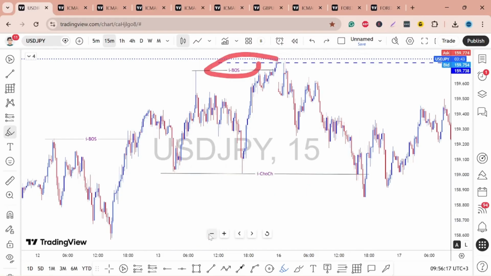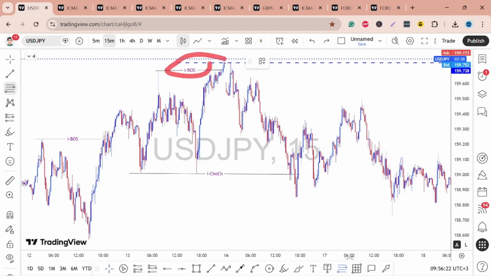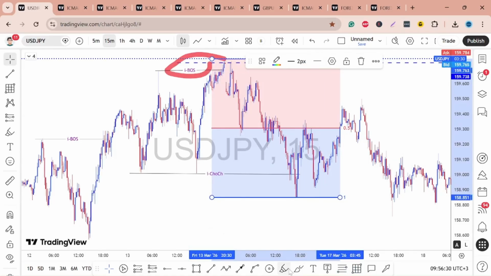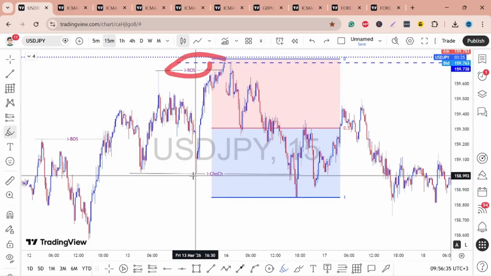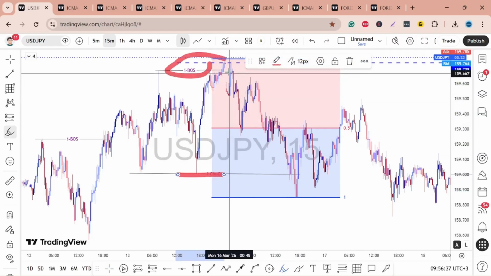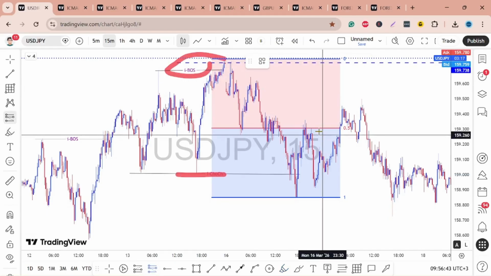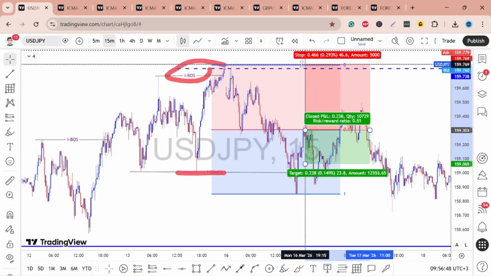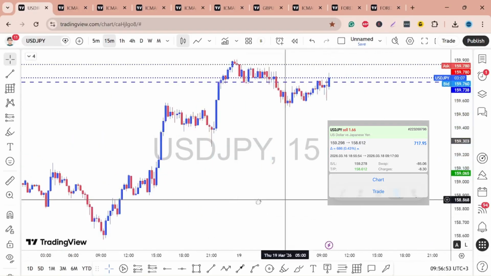Once we have that change of character, what I usually do is pull my Fibonacci again, from this level to the lowest point of the swing that formed the change of character, because this signifies that the market is ready to facilitate the pullback. Then I place my pending order on the 50% Fibonacci level and put my stop loss above there.